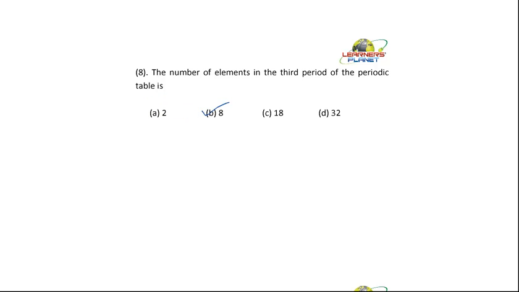Just now we found how many there are. They are 8. In the fourth period, how many elements are there, students? There are 18 in the fourth and the fifth period. And in the sixth and the seventh period, there are 32 elements.